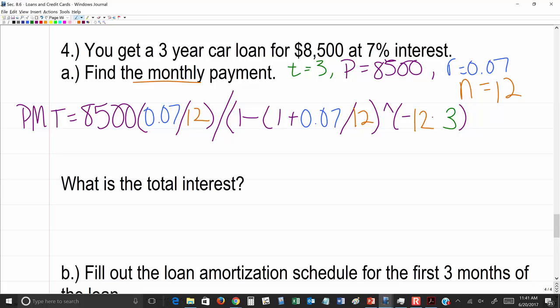Yeah, let's do 3 years. I think if you look on the completed notes, that's what I did before, but either way, it doesn't matter. So I got 262.46.